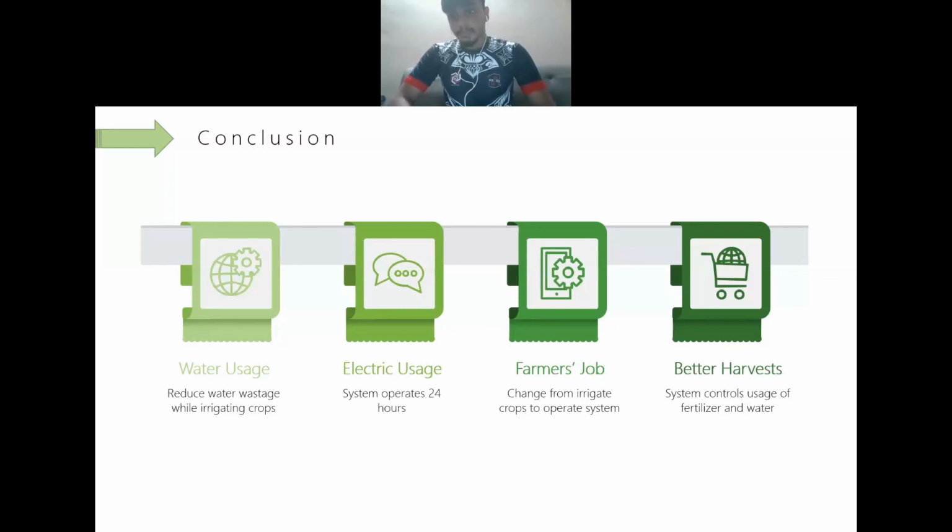The system controls the usage of fertilizer and water, which we can't see with our eyes, such as what state or what pH value the soil is in, where the system can identify it and act quickly before the farmers get to know that there are problems with their crops.